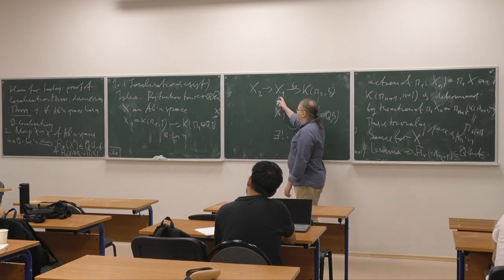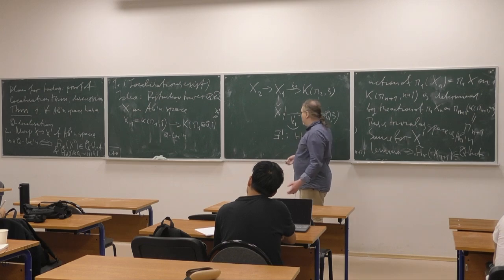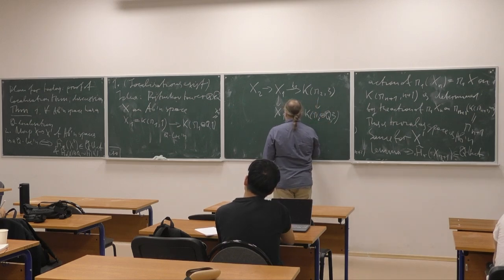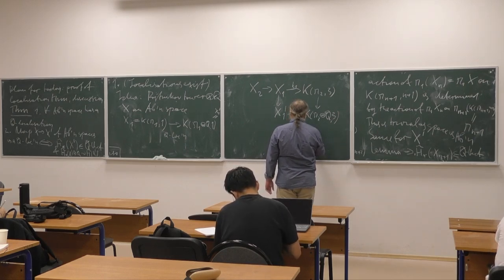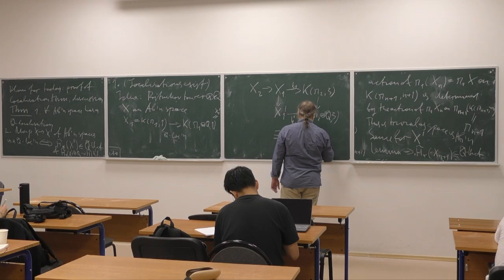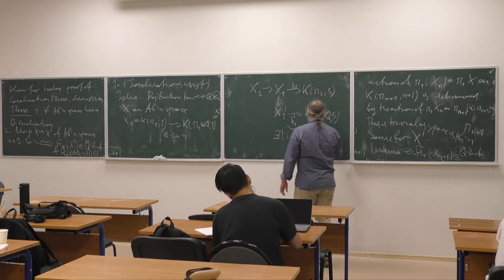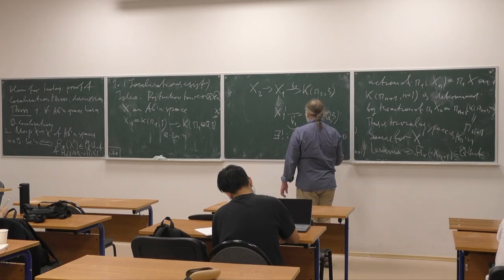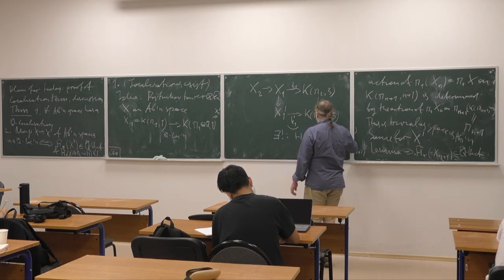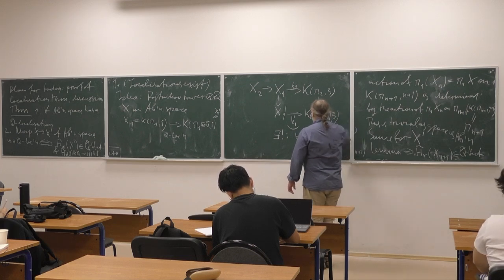Let's think about this map as a cofibration, X1 prime, X prime, Q. My claim is the result is 0. Actually, let me write it slightly differently.